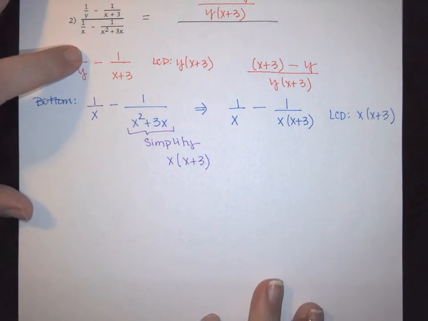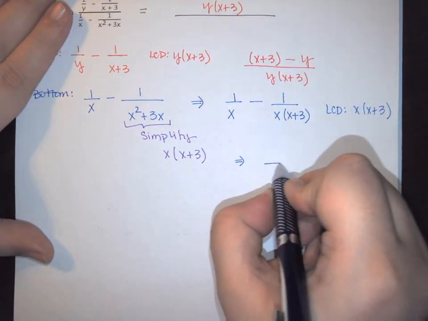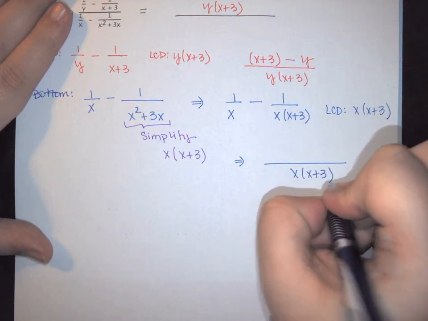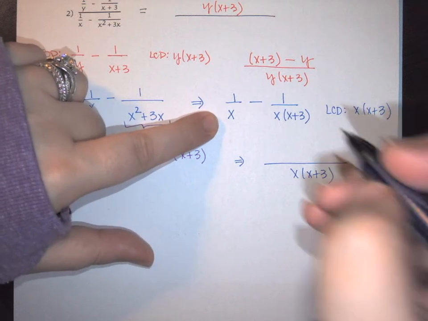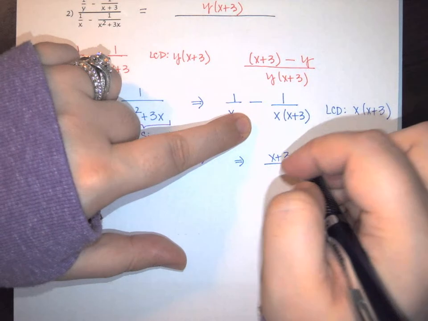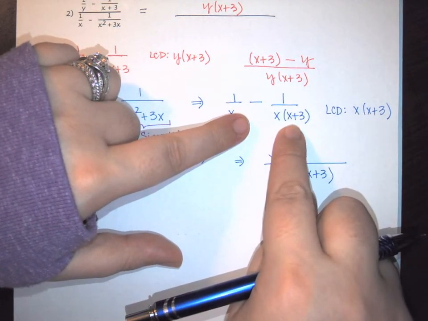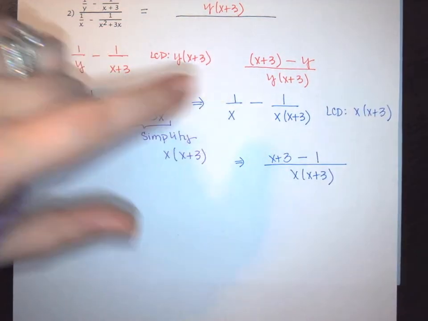So when we multiply that through, what we're going to get is that our denominator is x times (x plus 3). I already have an x on my left hand side, so I'm missing the (x plus 3). I am subtracting, I already have x times (x plus 3) in my denominator here, so what we're subtracting is the 1.